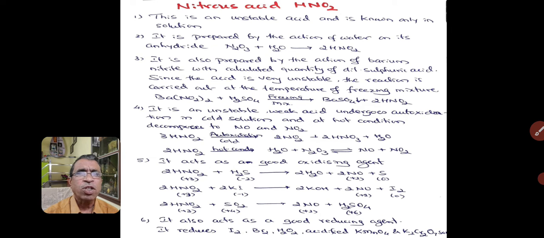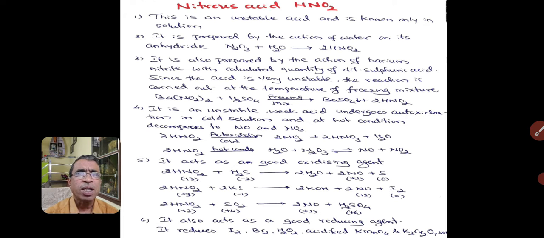Barium nitrite, when it is treated with sulfuric acid at a temperature of freezing mixture, we get barium sulfate and nitrous acid. It is an unstable weak acid, undergoes auto-oxidation in cold solution and in hot condition decomposes to nitric oxide and nitrogen dioxide. 3HNO2 undergoes auto-oxidation in cold, gives rise to 2NO2 plus 2HNO3 plus H2O.